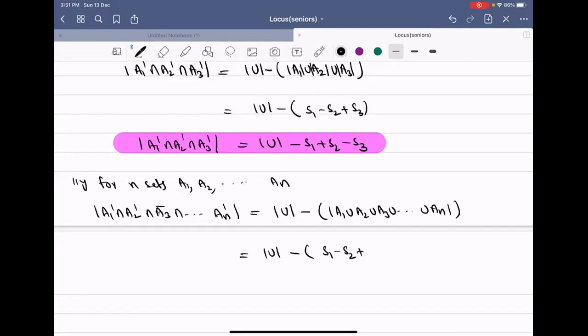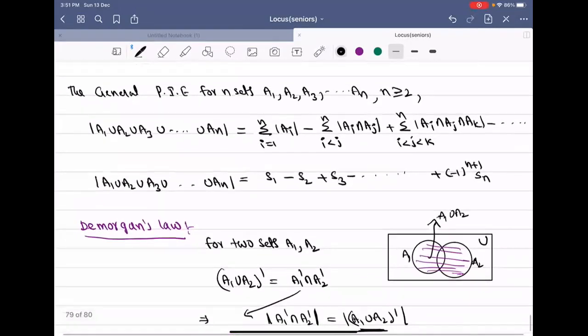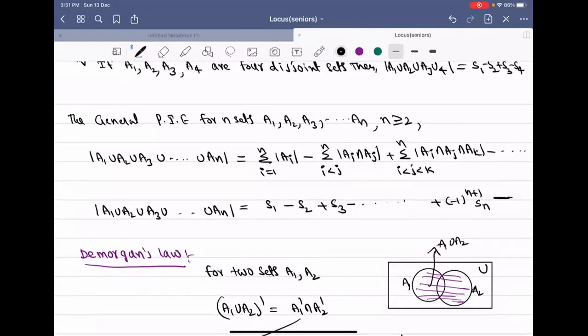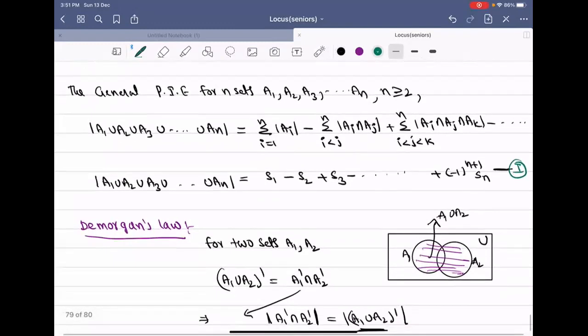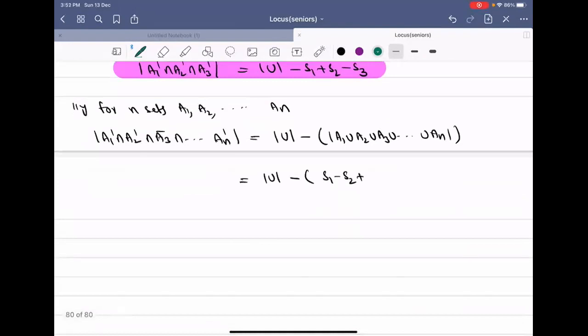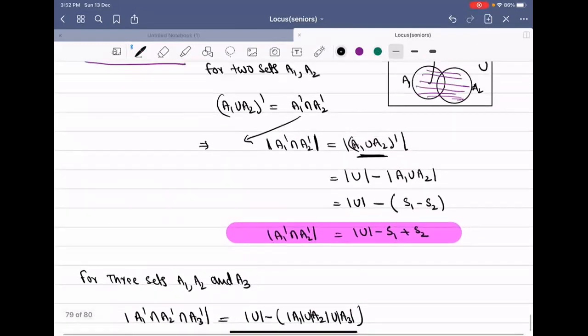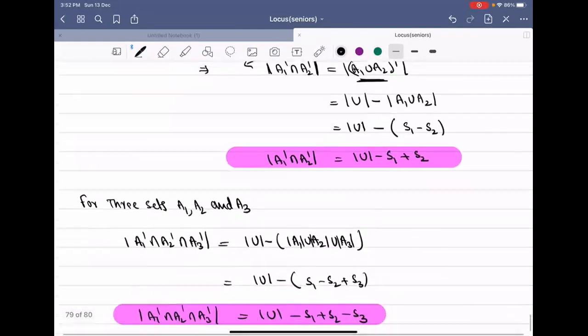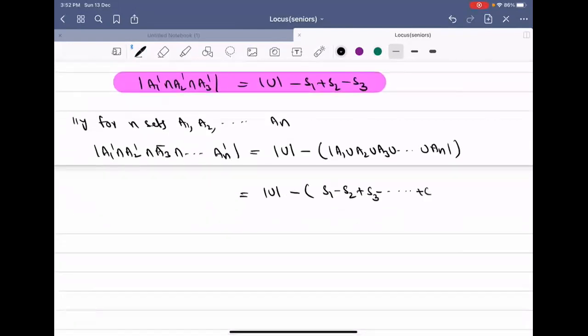S1 minus S2. What is this? A1 union A2, number 1 అందామా. Give this to number 1. From 1 substitute A1 union A2 లో. So S1 minus S2 plus S3 minus etc. ఎక్కడ end అయిందది? Minus plus of minus 1 power n plus 1 is n.